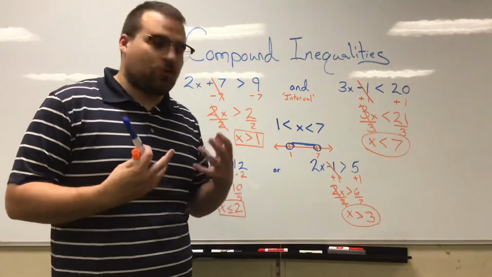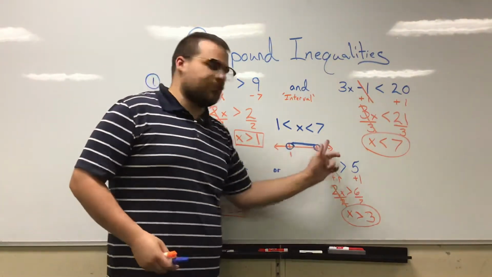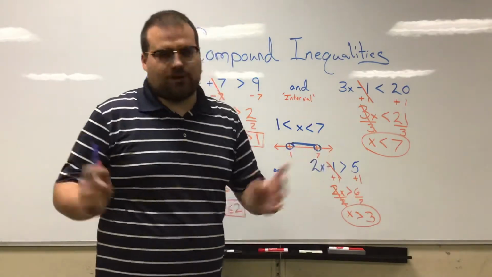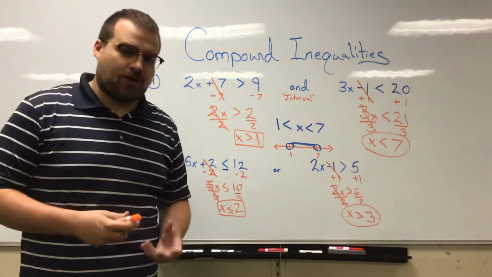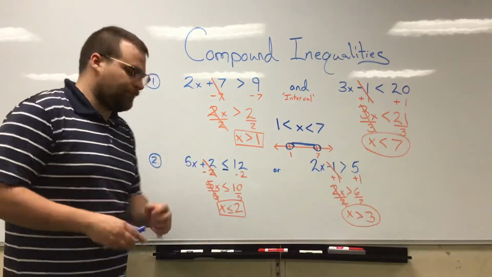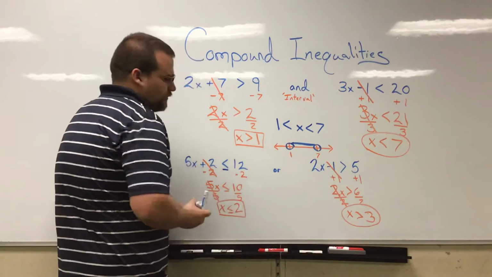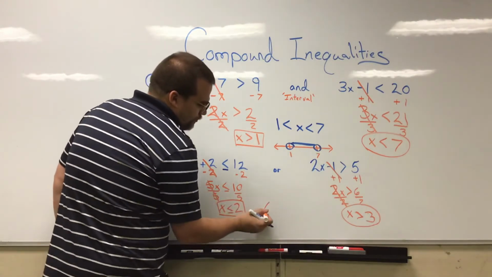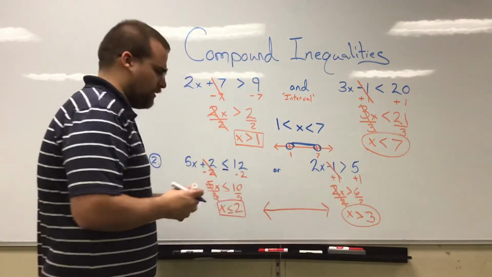Now, since this is an OR problem, we don't do this interval. We don't do that kind of range of values, because we're going to realize when we put this on a number line, it's kind of the opposite of that. In an OR problem, what you are going to do is plot your inequalities separately.